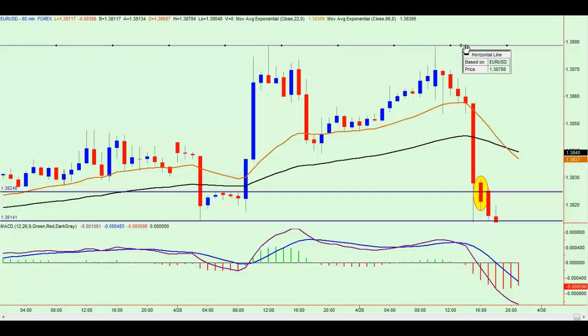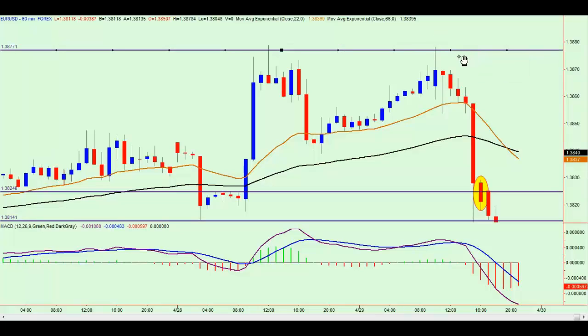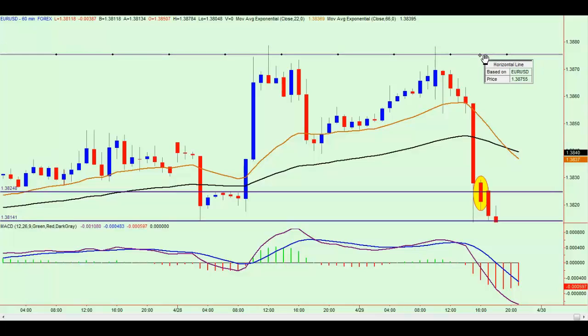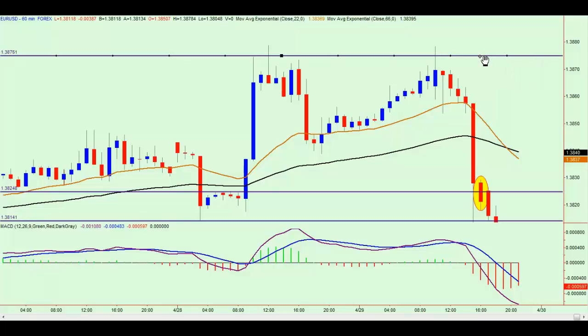These are great areas of trade entry. If you'd placed a sell order at 138.78 or 79, you wouldn't have been filled because of the spread. You'd have had to take a trade order around 138.75, allowing for spread to get your order filled.